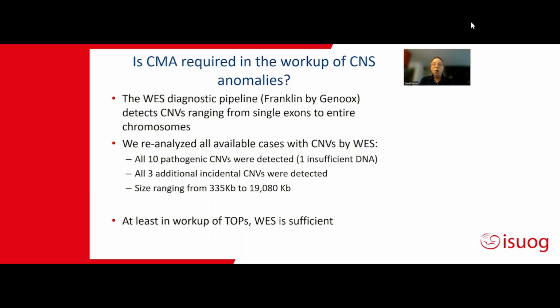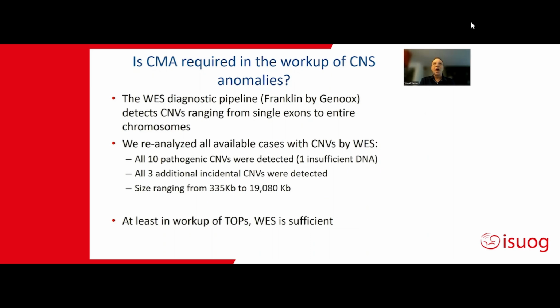And these too were detected by whole exome sequencing. And the size of these copy number variants range from as low as 335 kilobases to 19,000 kilobases. So at least for the workup of termination of pregnancy, we think that whole exome sequencing is sufficient.